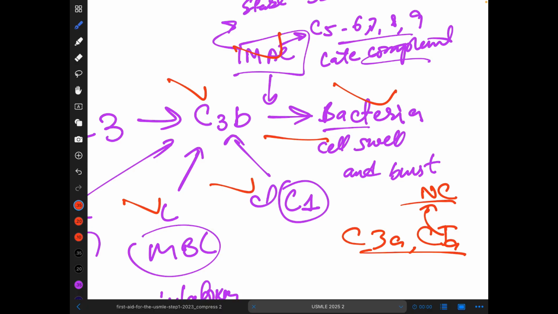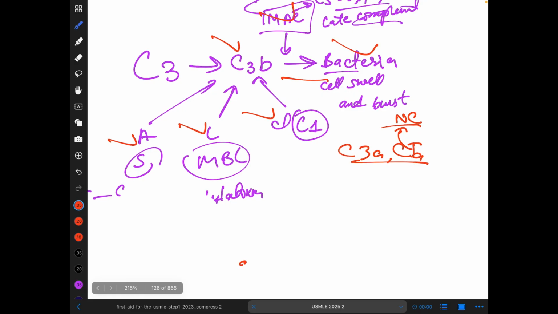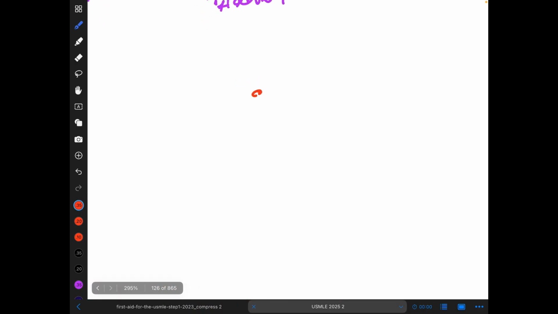Understand? Inhibition of complement. How is the complement system inhibited? How do membrane proteins protect the human cells? That is also a big question.